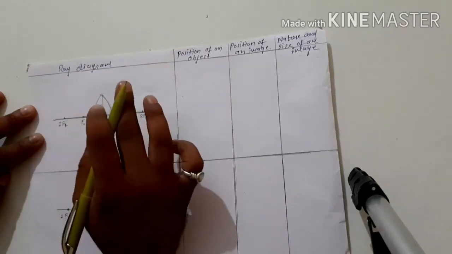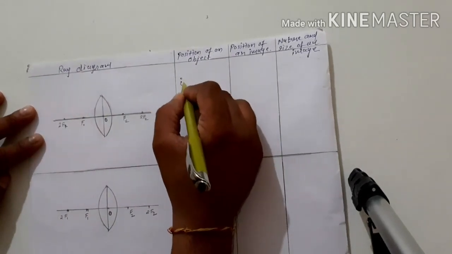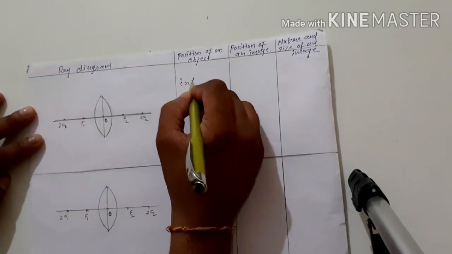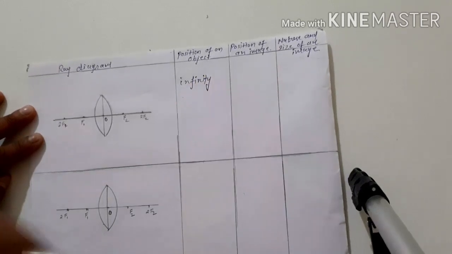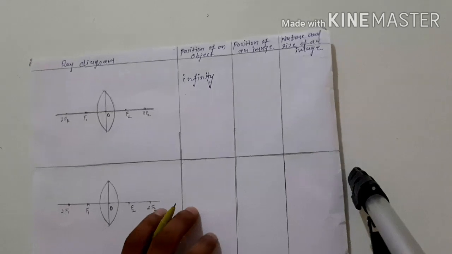If in the first case we place our object at infinite distance, that is, when the object is at infinity, what will happen? Let's see.